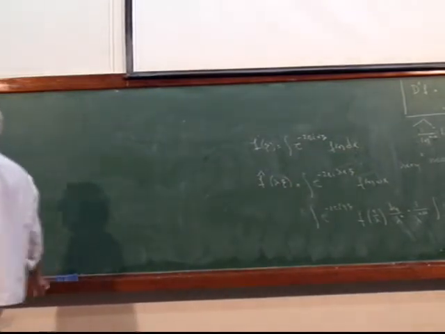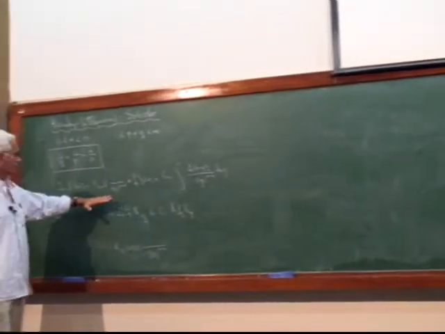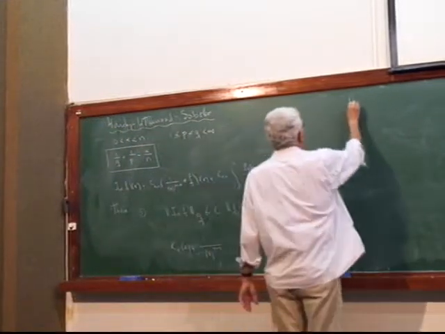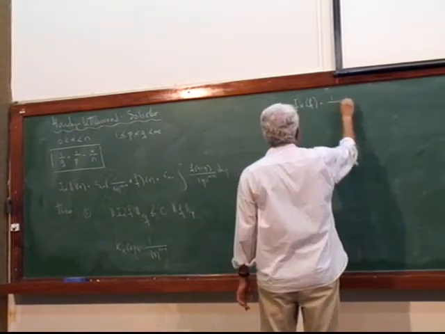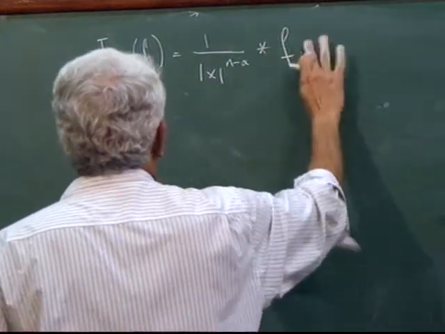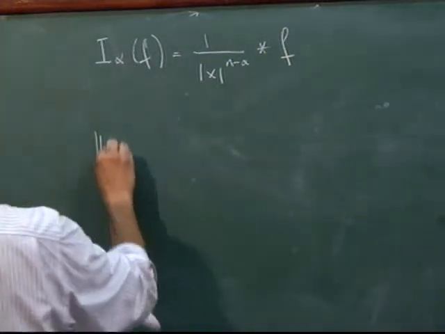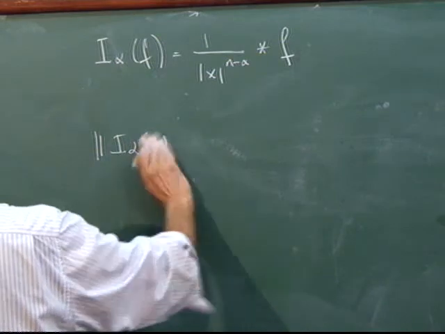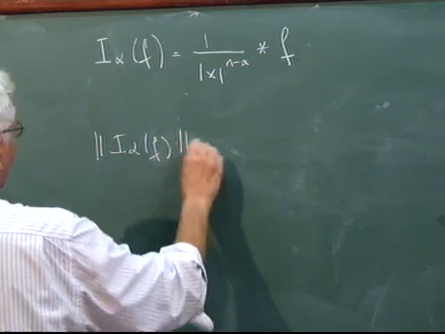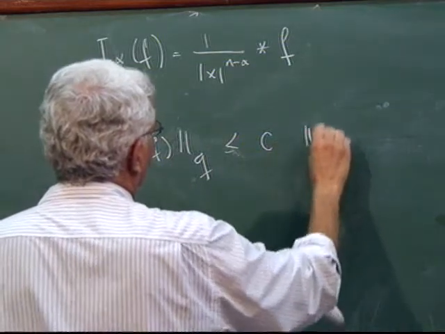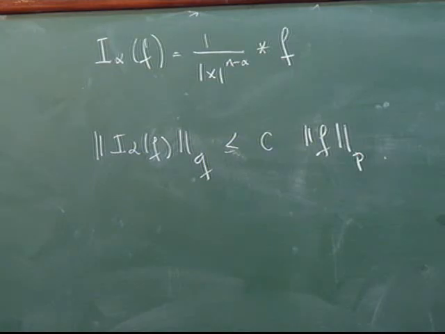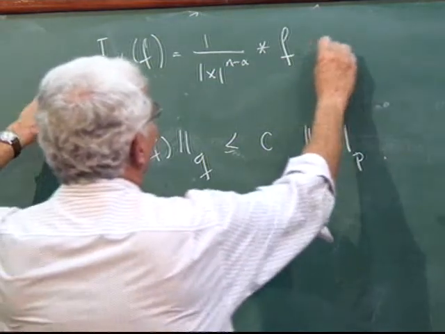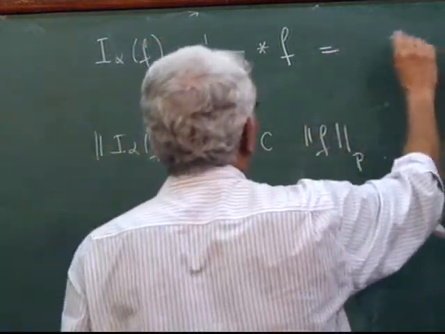And now, what exactly are you doing here? Let's rephrase this part. You are saying that I sub alpha of f is exactly equal to 1 over x to the n minus alpha convolved with f. And you are proving that the norm of I sub alpha f in L^q is less than or equal to some constant times the norm of f in L^p, when q is better than p by this factor. You take the Fourier transform here and write everything back.